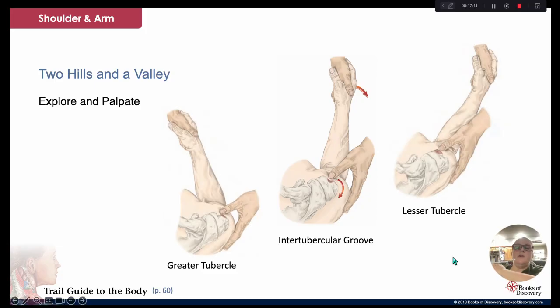So you have your greater tubercle and your lesser tubercle, and right in the middle between the two is this groove called the intertubercular groove. That is where your bicep tendon runs through to connect onto its attachment points. It's also called the bicipital groove, if that's easier to say than intertubercular. All right. So greater tubercle, lesser tubercle, bicipital groove.